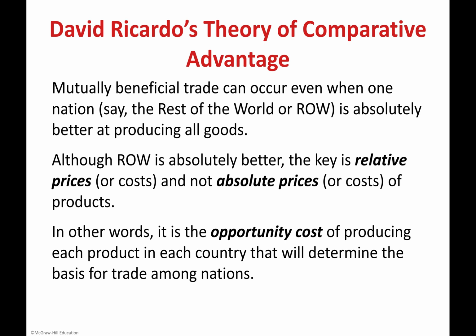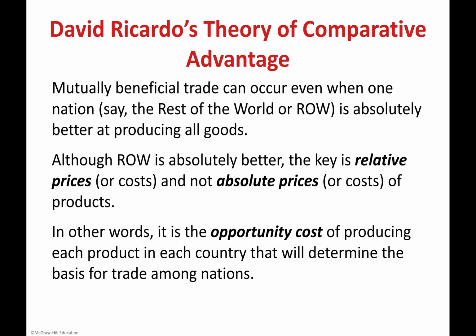So for David Ricardo, the key here is relative prices or relative costs, and not absolute prices or absolute costs. So in other words, when we're looking at relative prices or relative costs, it's a question of, do you have relatively lower costs of doing things, in which case you should produce those things which you have that relative lower cost in producing.